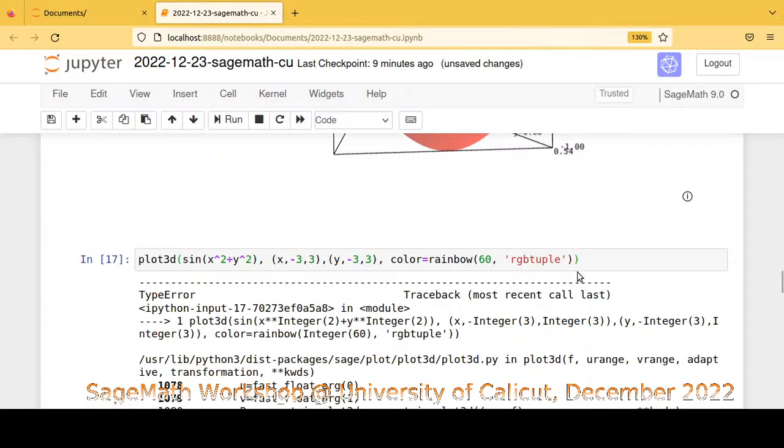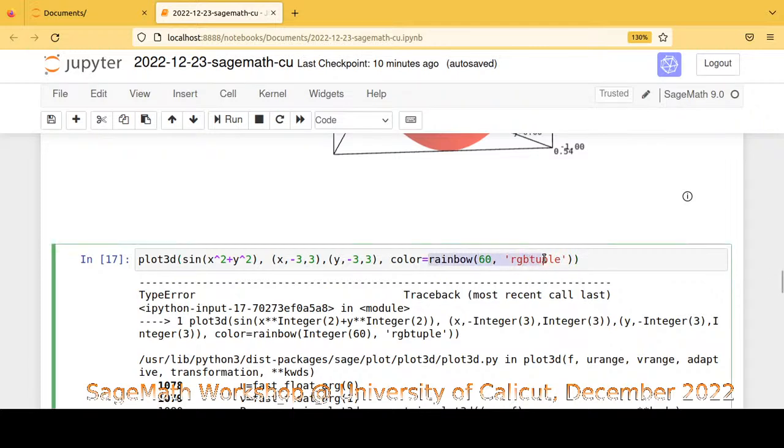RGB tuple I have already given. Sin x square plus y square, x in minus 3, 3, y in minus 3, 3. So we just change it.